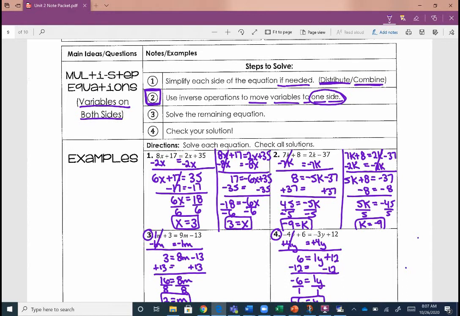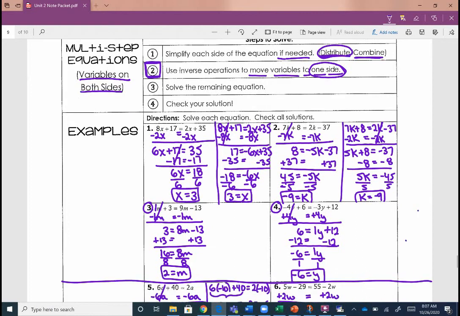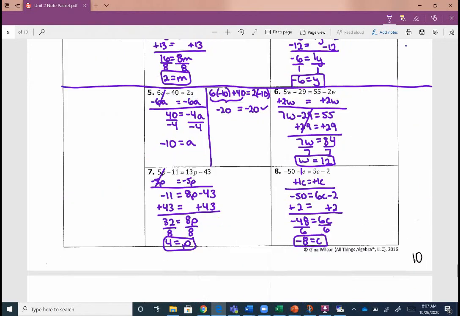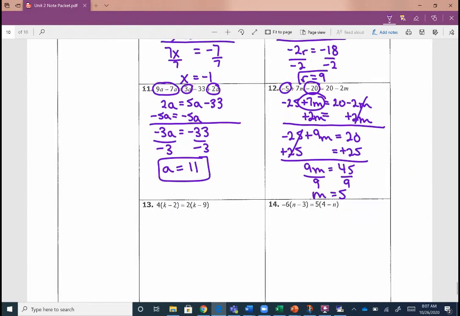Now we're going to do our final thing, and we're going to need to distribute first. Then step 2, we're going to move all of our variables to one side. We looked at that a few classes last week, and we saw that we have a couple different options for doing that, and either option works. And then we solve the equation we have left, and of course we check our solution.